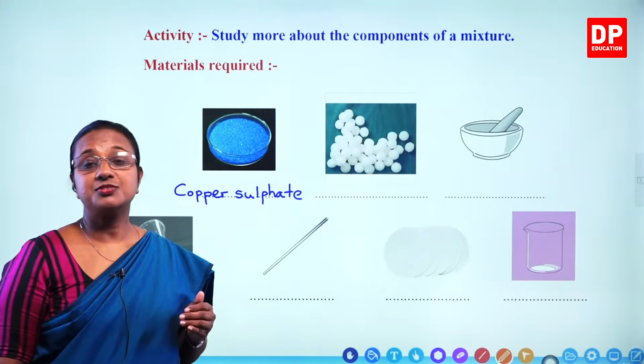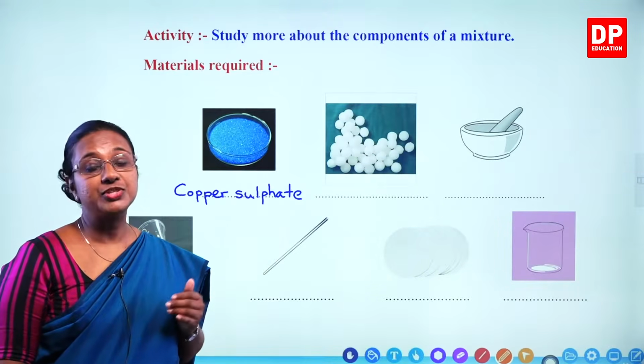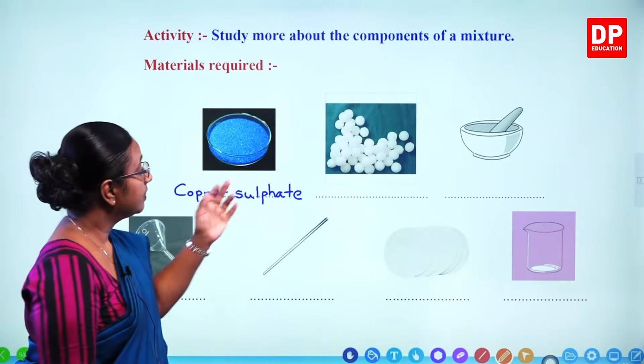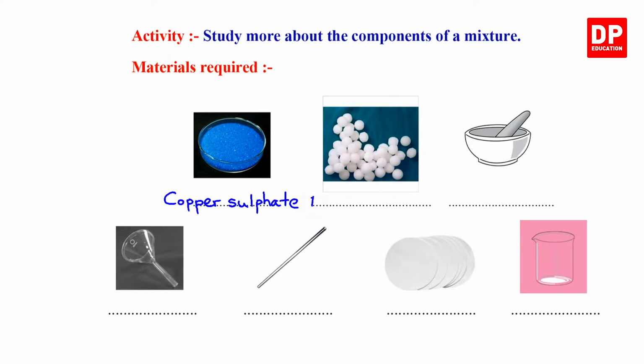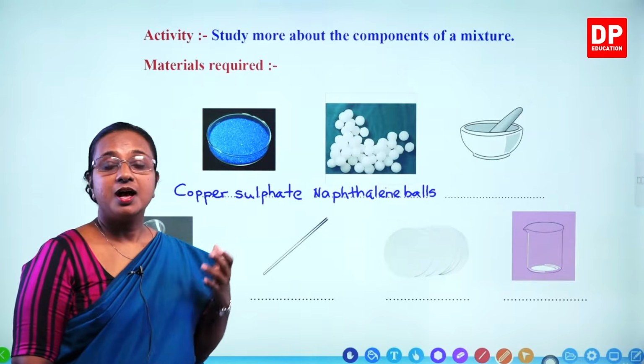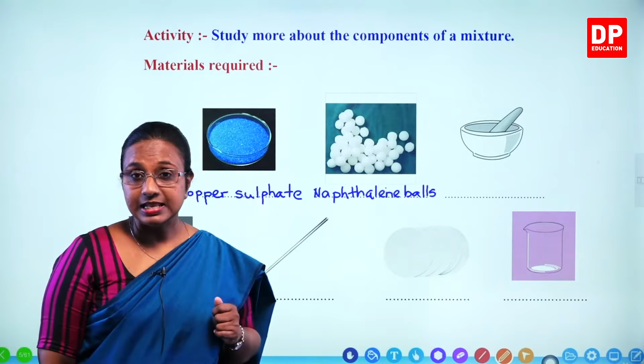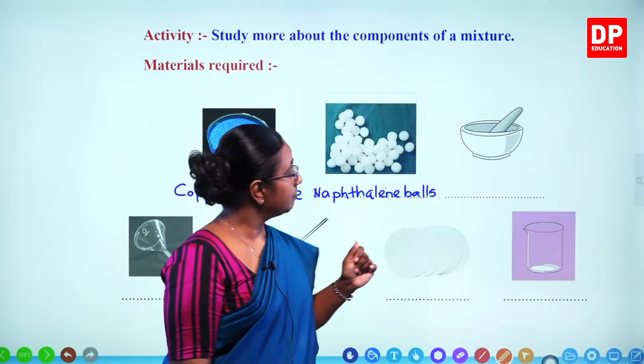And the anhydrous copper sulfate, you can use that as well, is white in color. Then we have the naphthalene balls. Naphthalene balls are available in the household as well. You would have seen them.